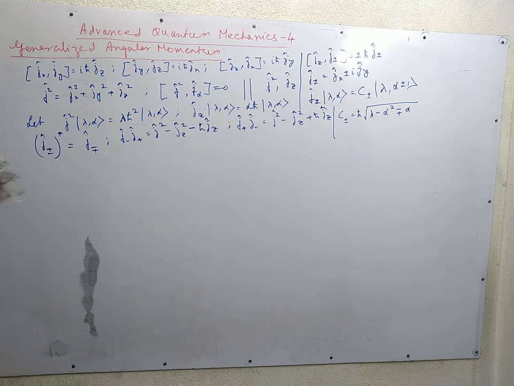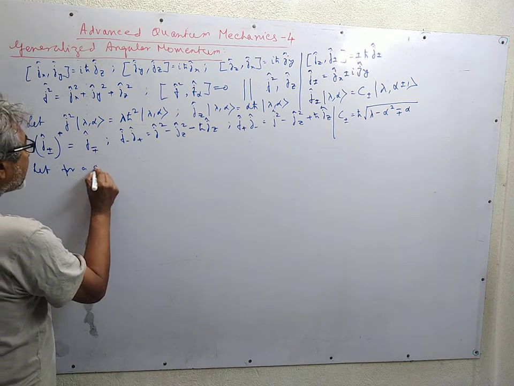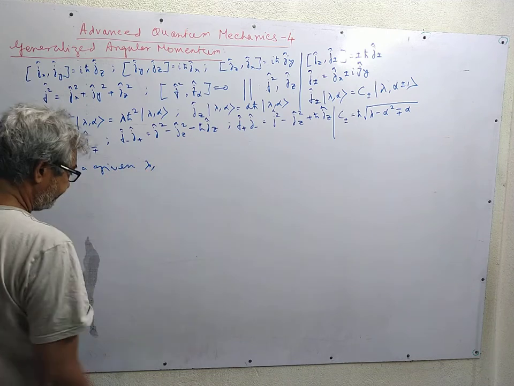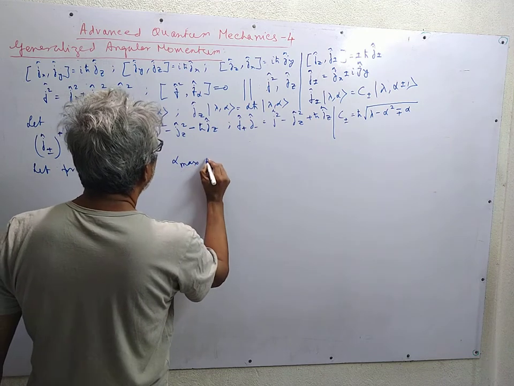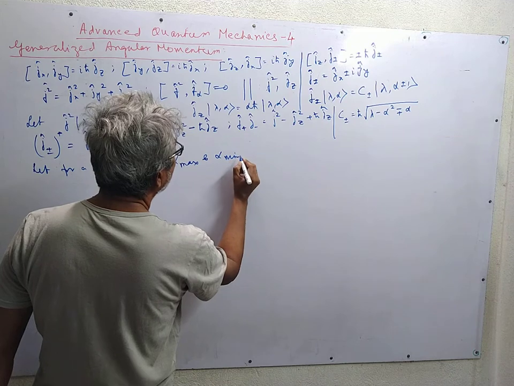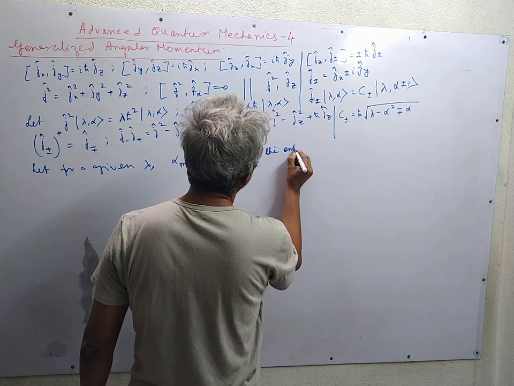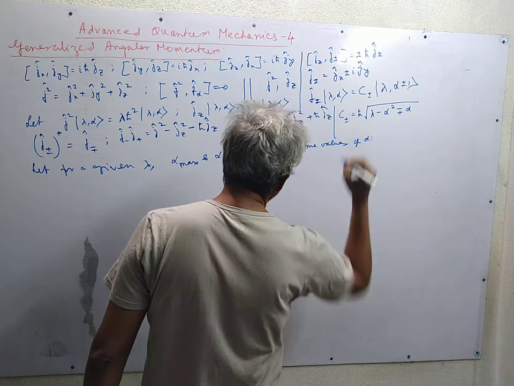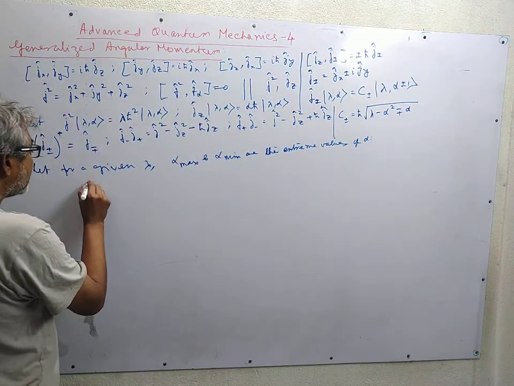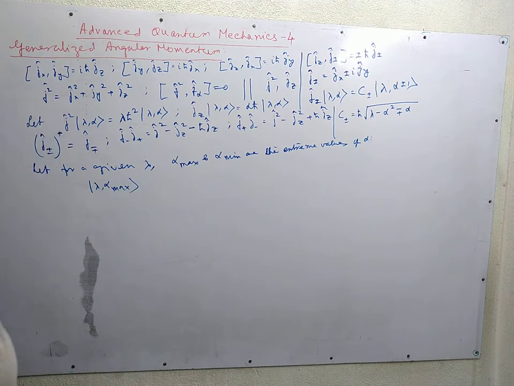To this end, we say that for a given lambda, alpha max and alpha min are the extreme values of alpha. Now we consider the state lambda alpha max. This is the maximum value of alpha.